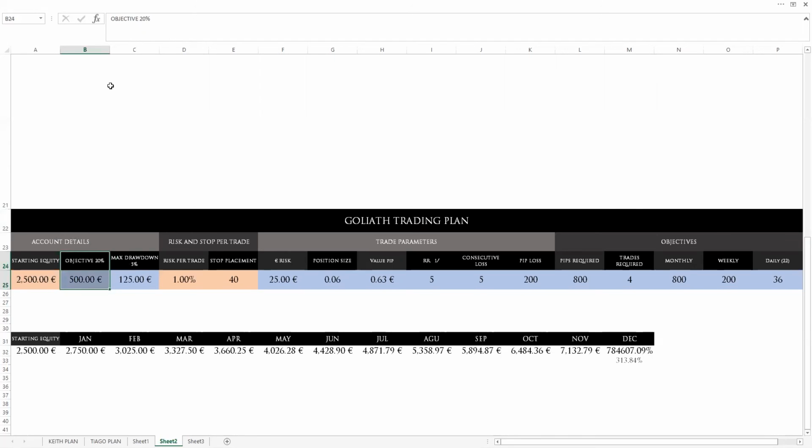Most likely it will be close to 20% a month, which means 800 pips a month, which means, I don't know, in 4 or 5 trades a month we can do that.